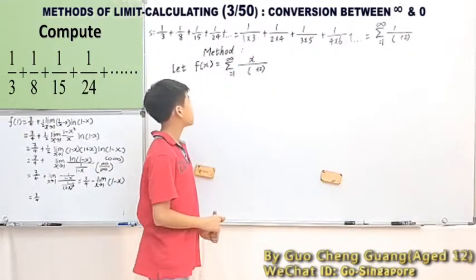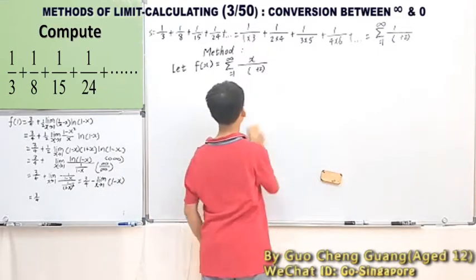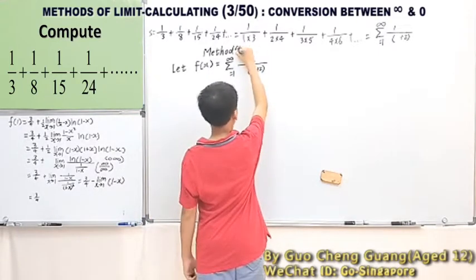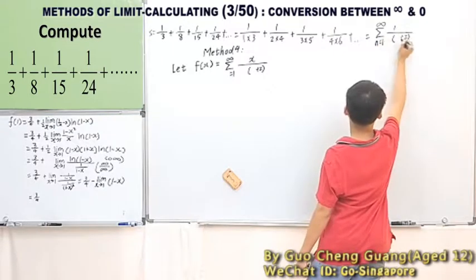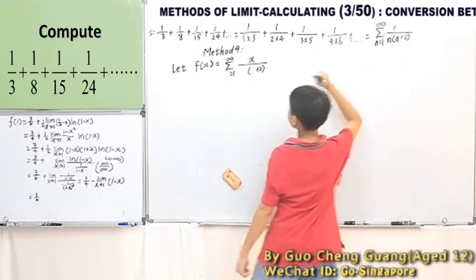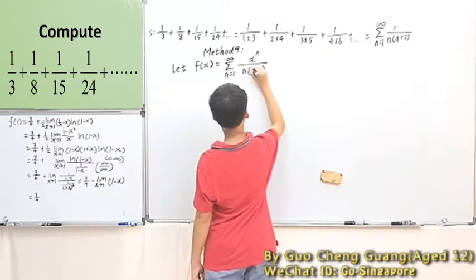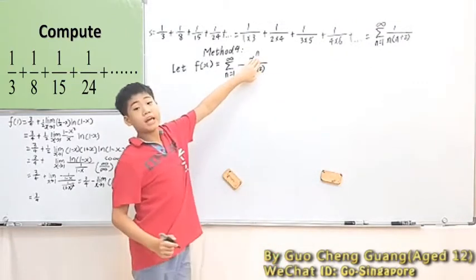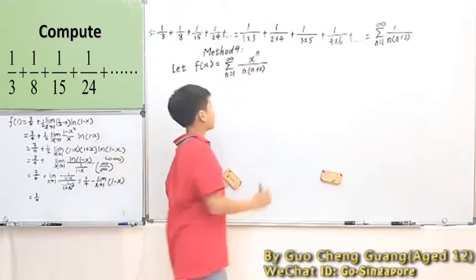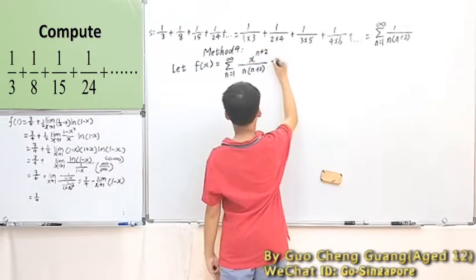So let's start this method number 4. In method 4, we could change this into n. So that means we'll use n. But this time, it is not n plus 1, but it is n plus 2.